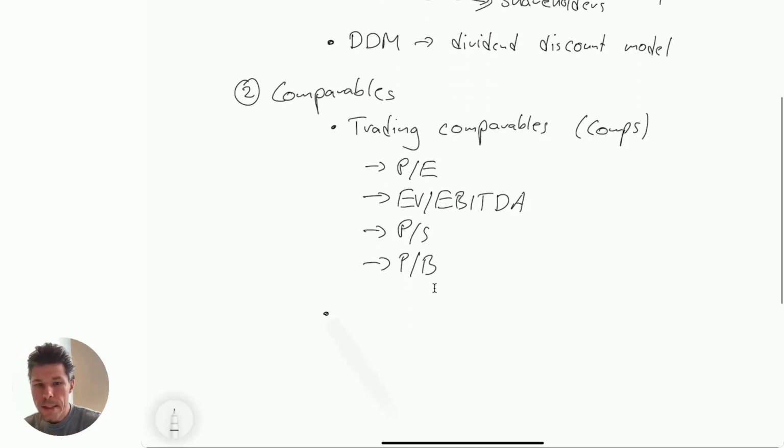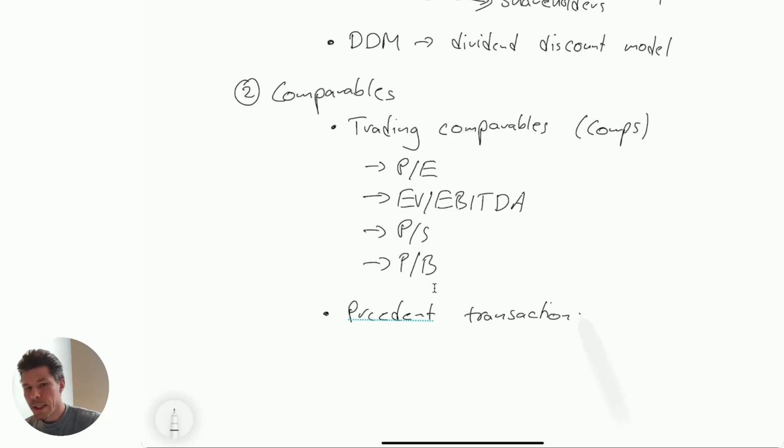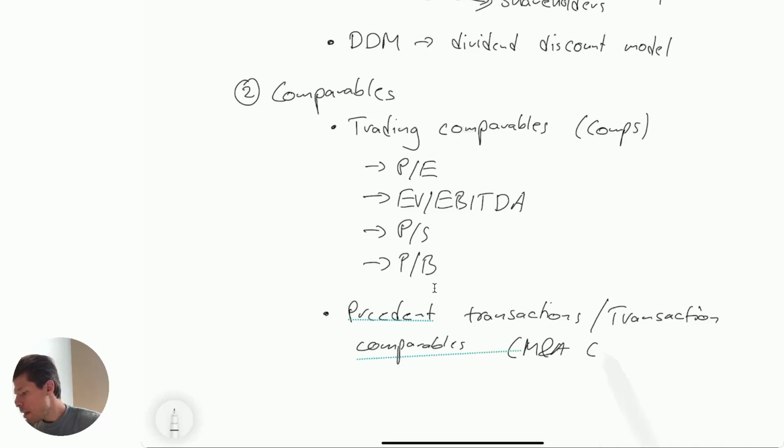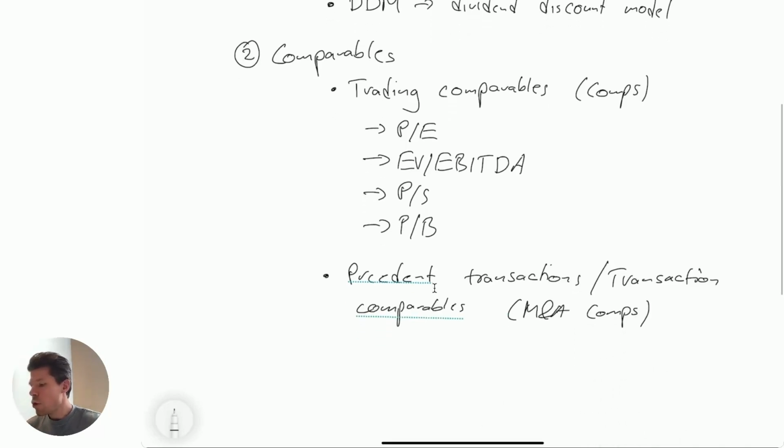Another comparables approach is called precedent transactions, or transaction comparables, sometimes called M&A comps. And here we are not looking at the company itself, we are looking at what has happened in previous mergers, acquisitions, or transactions.